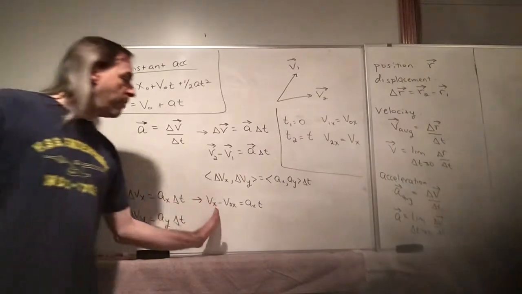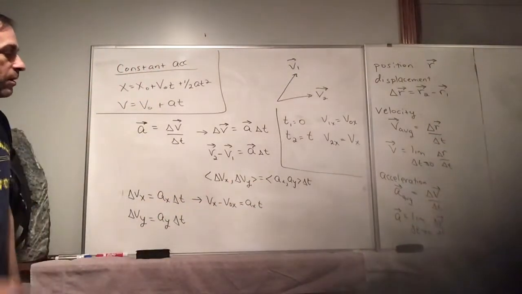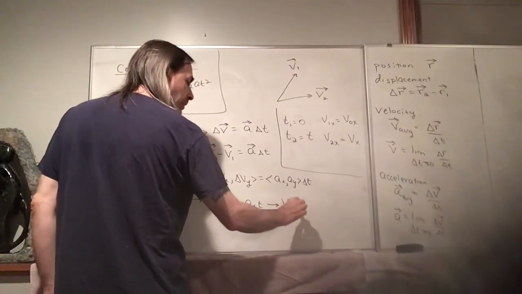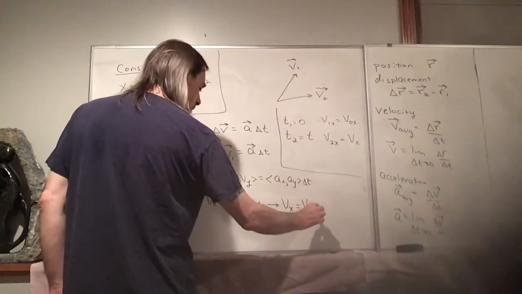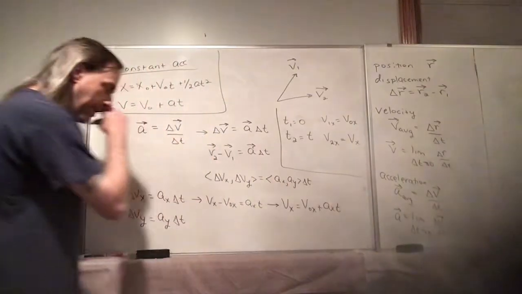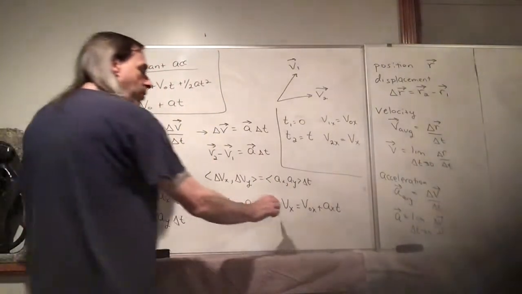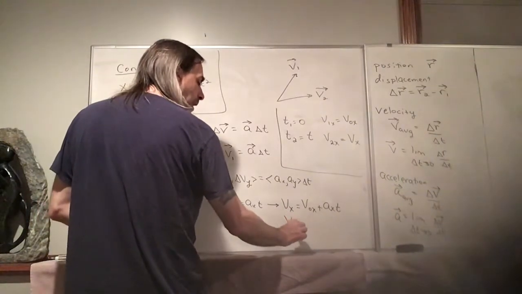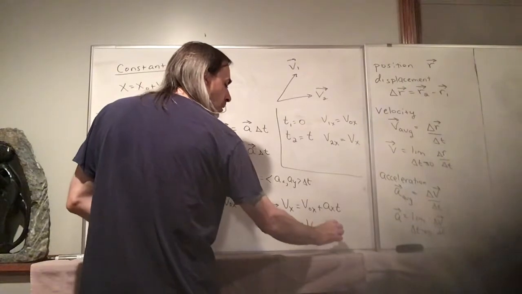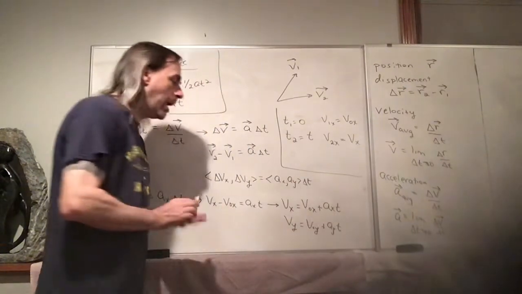And if we move that term over, what we get is Vx equals v not x plus Ax times t. And if we do the same thing for the y component, we get Vy equals v not y plus Ay times t.